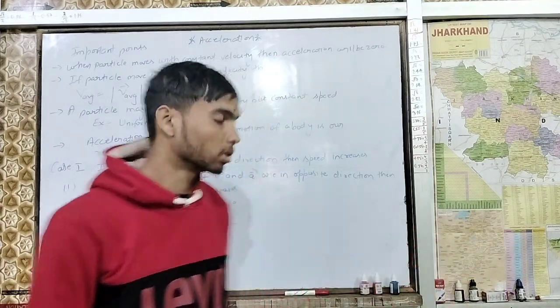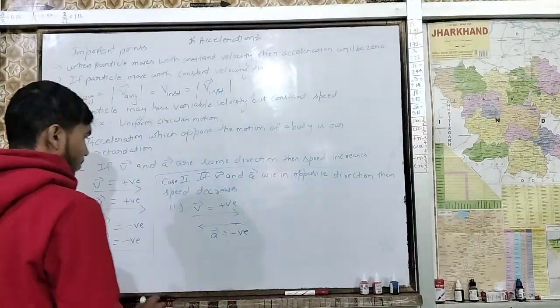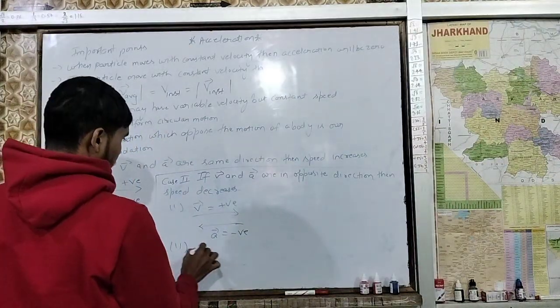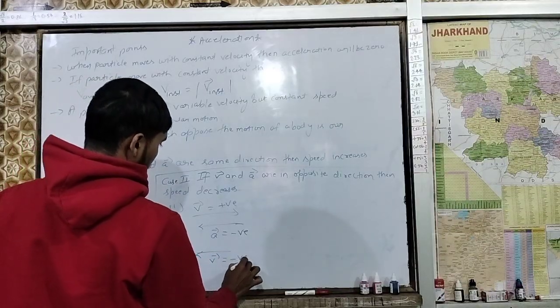Retardation will come into picture. This will be minus. Second, if velocity is in this direction, this will be our negative.